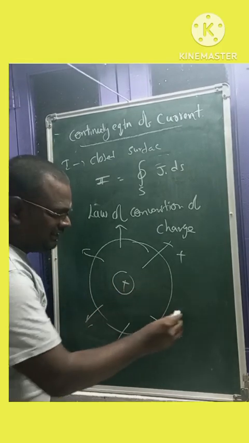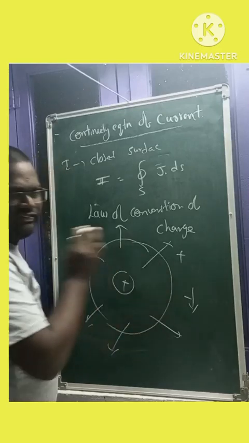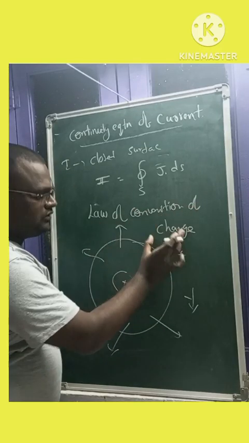That is, the net outflow of positive charge from a closed surface must be balanced by a decrease of the positive charge inside the closed surface. That is the law of conservation of charge.